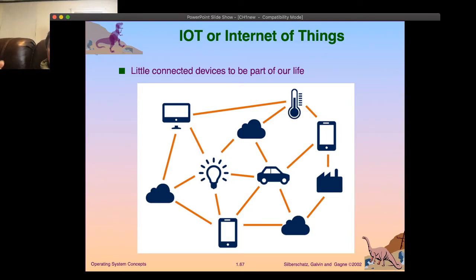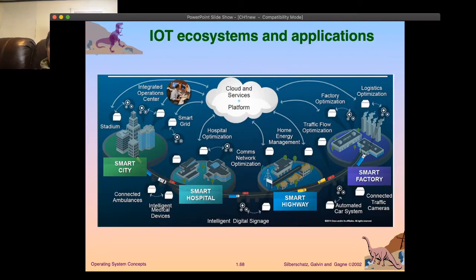Then all these devices have connectivity that provides whatever data path, so you can send data back to the back office, which normally runs on the cloud, and then you can do some analytics, analyze, and detect something in a way that forms some sort of high level services. Applications of the IoT ecosystem include smart city, smart highway, smart hospital, and smart factory.